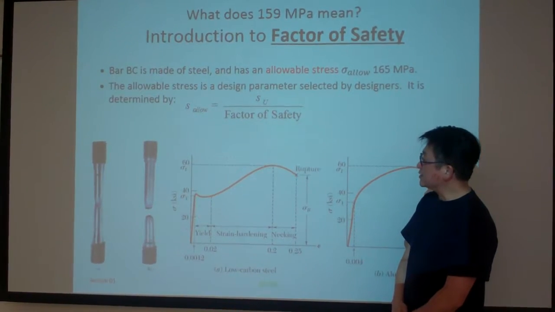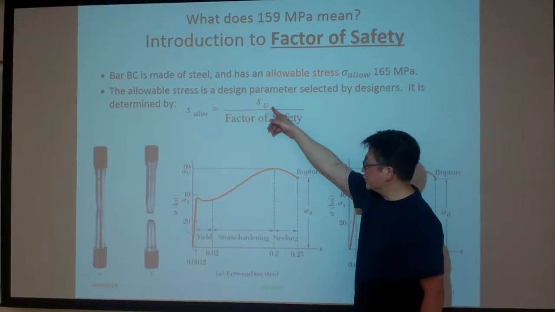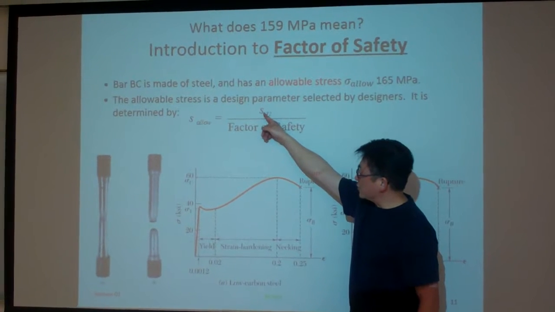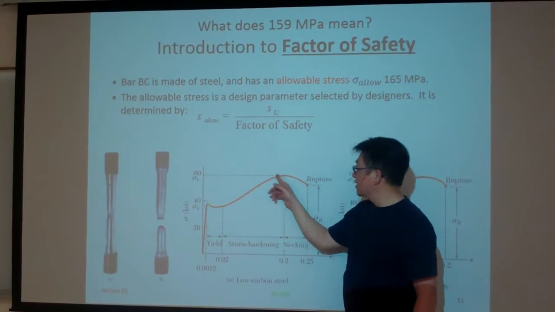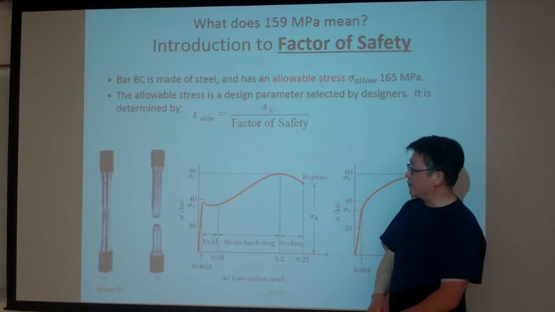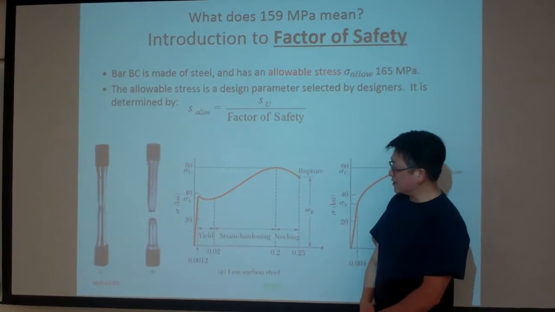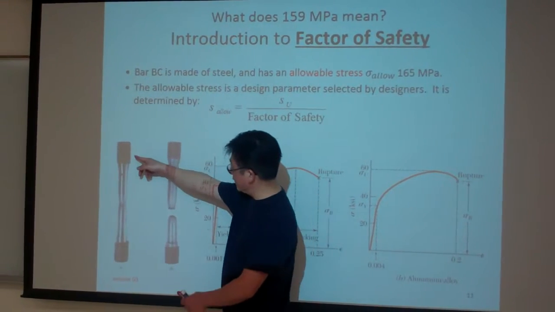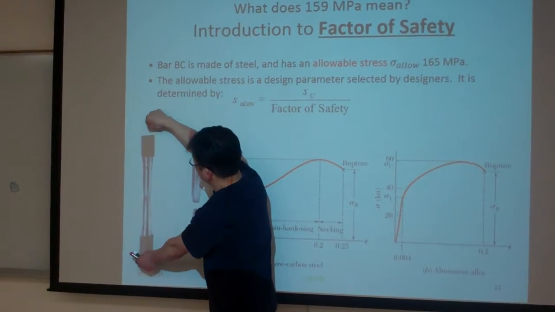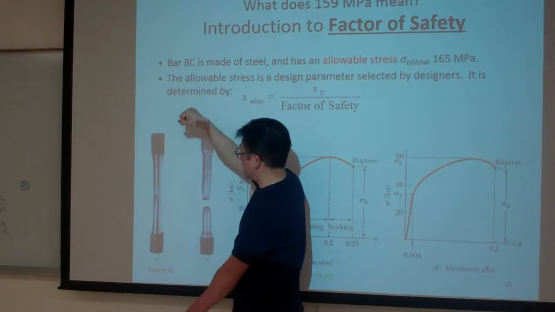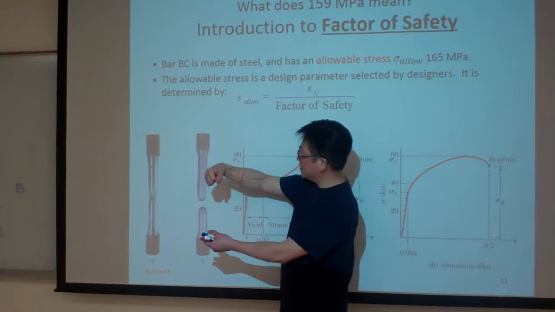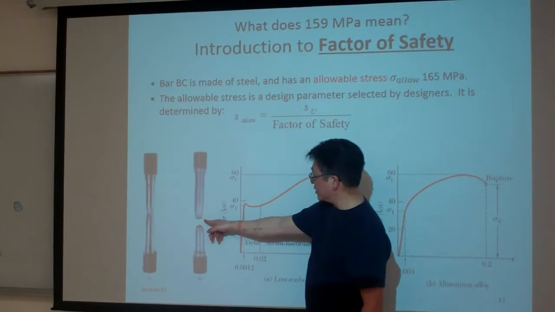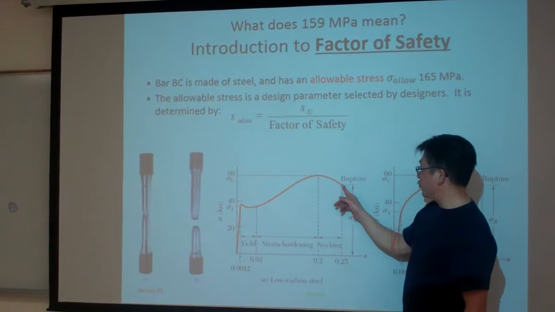And let me say what sigma u is. Sigma u can be obtained by material testing. Material testing is basically testing the material under uniaxial loading. For example, for this sample, we apply the loading in this way, and slowly, eventually, we keep applying the loading until the material breaks like this.